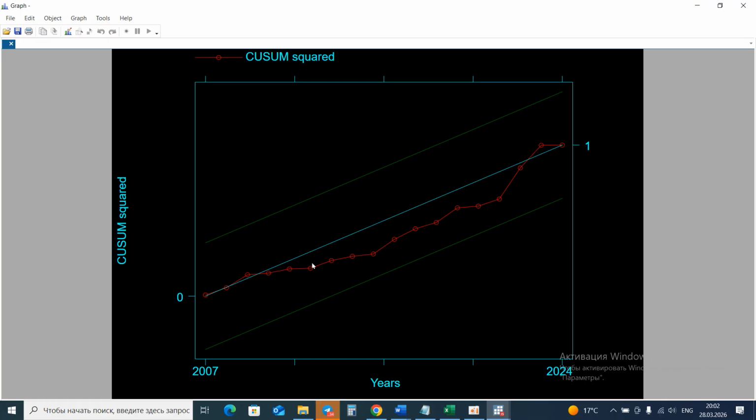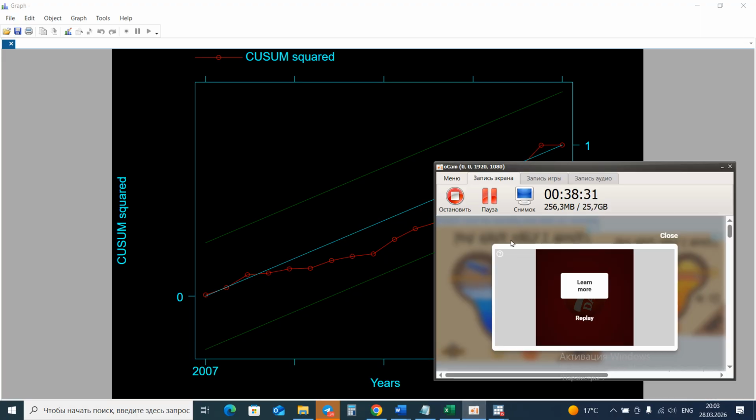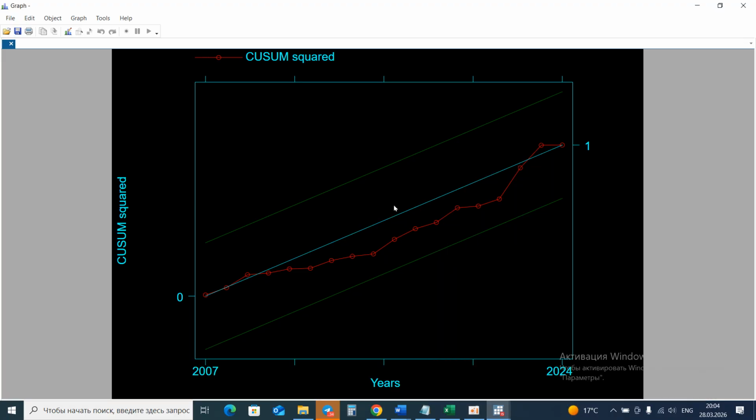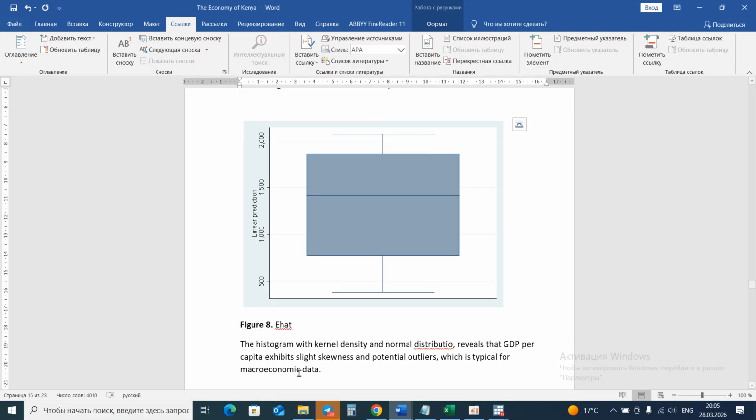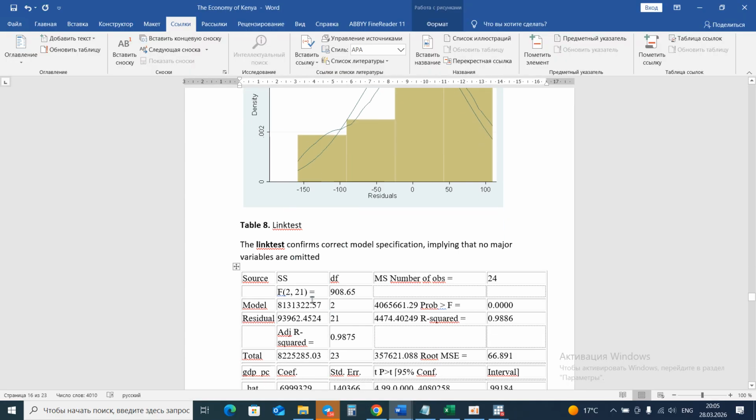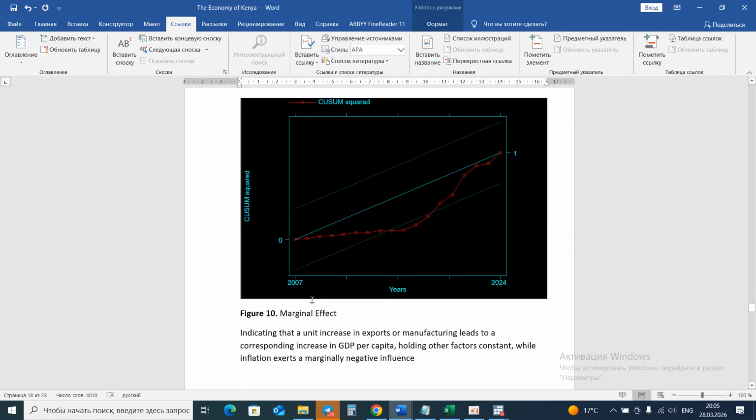Of course, it went a little bit far from this side, but anyways, since it doesn't go through these lines, it means it is stable over time. We also copy this graph and paste it to our Word here.